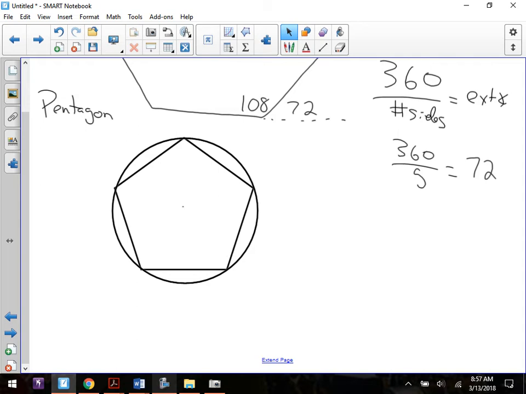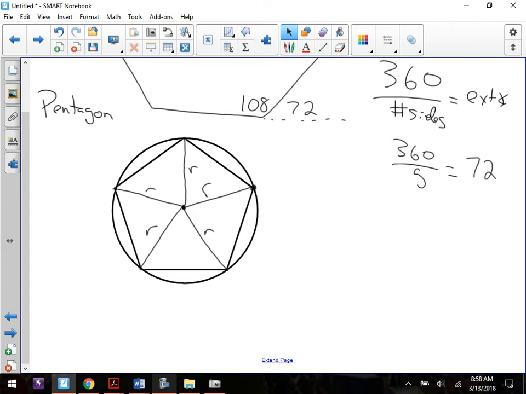So if I have the center of a circle and it goes from the center to the side, what is that called? When I go from the center of a circle and I draw to the side where it touches the circle, what's that called? Radius. Okay. So in every regular polygon, we can draw radii to each and every vertex.